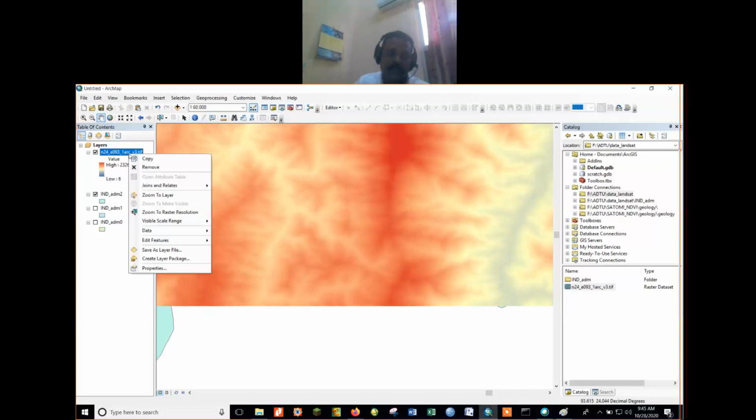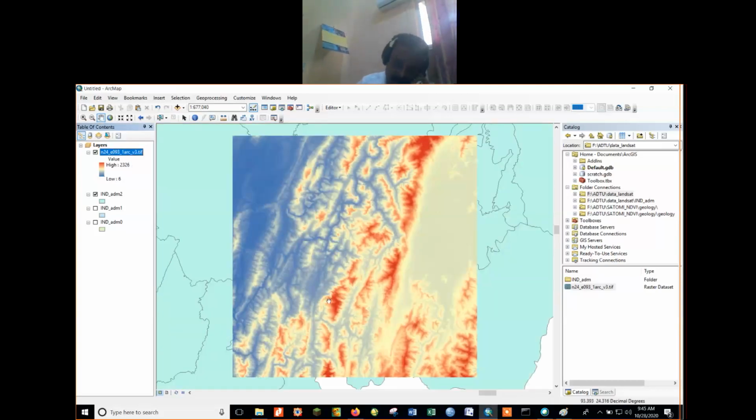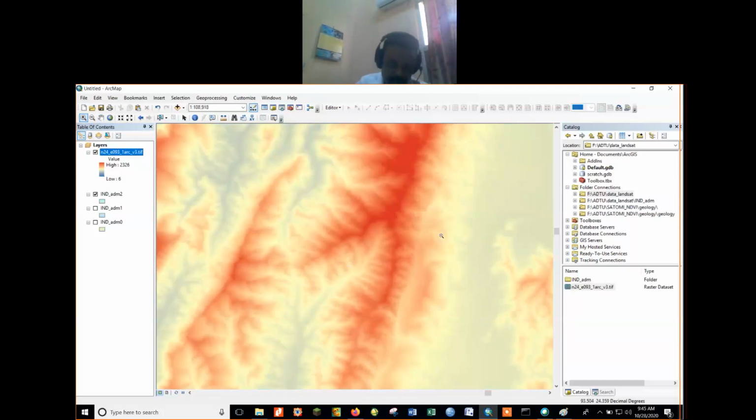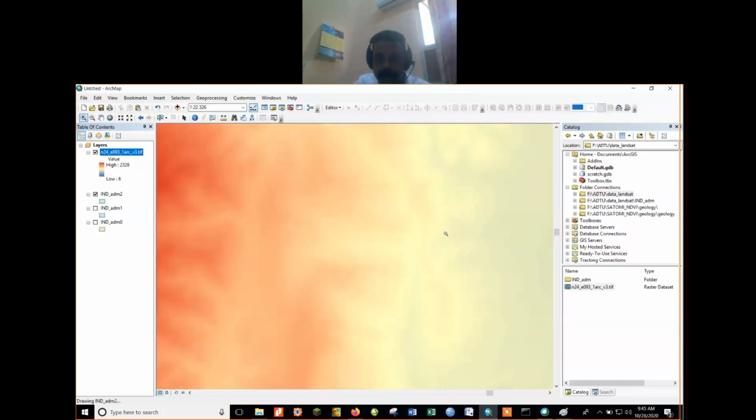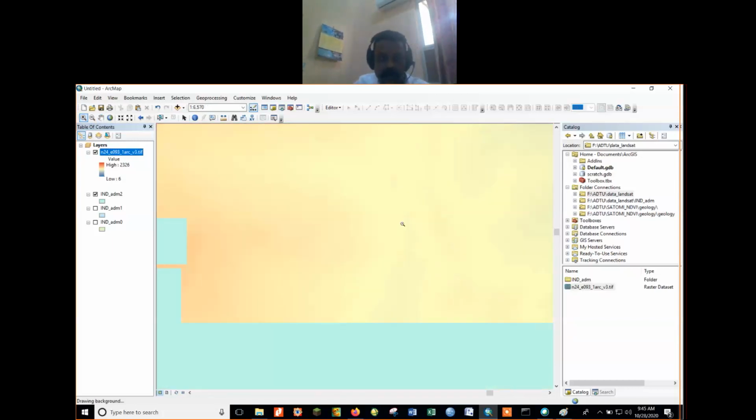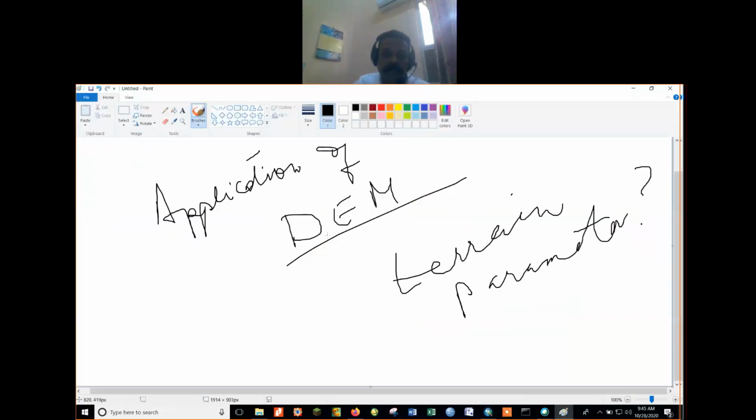Since this is a digital elevation model, I'm giving you an example in front of you. Just see this. These heights for individual pixels are one of the properties. Another property may be the slope. So what is the slope?